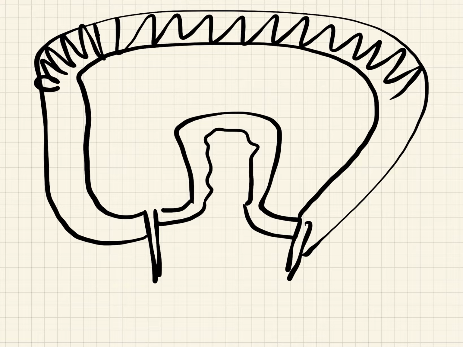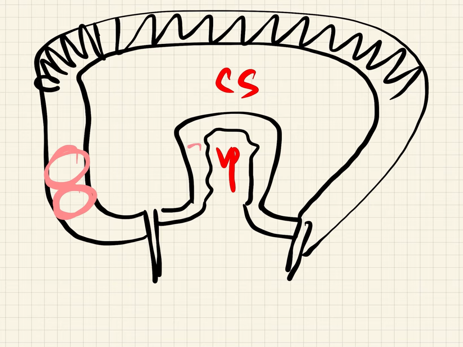I have told you, this is the circular sulcus and this is the vallate papilla. In the walls of this circular sulcus, you will find the taste buds. So in the wall, what will you find? You'll find the taste buds like this.